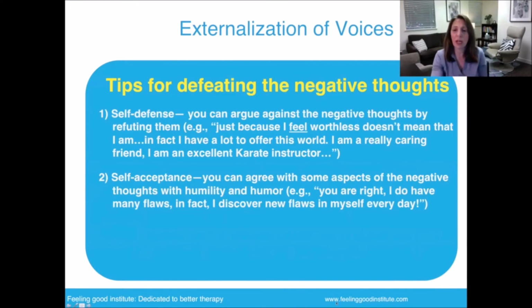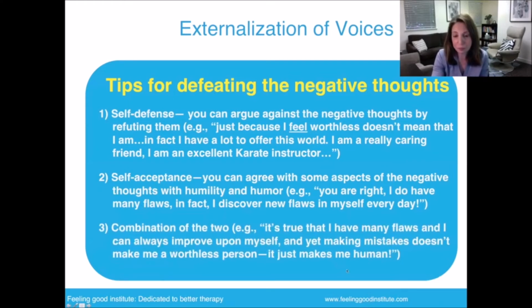And finally, you can do a combination of the two. That would mean something like, it's true that I do have a lot of flaws and I could always improve on myself. And yeah, making mistakes doesn't make me a worthless person. It just makes me human. So in this case, instead of thinking I'm worthless or I'm not worthless, I've got nothing wrong with me, I'm able to do a combination.